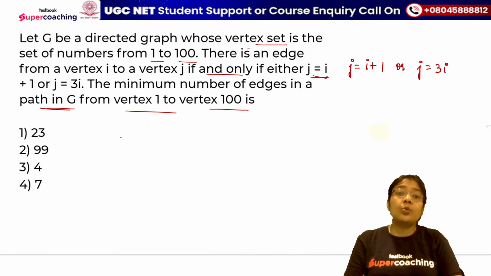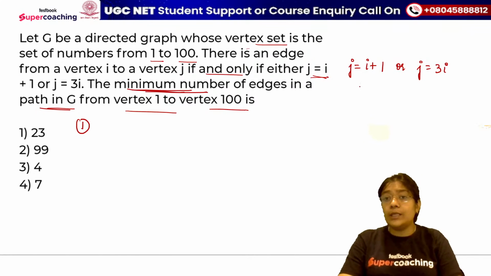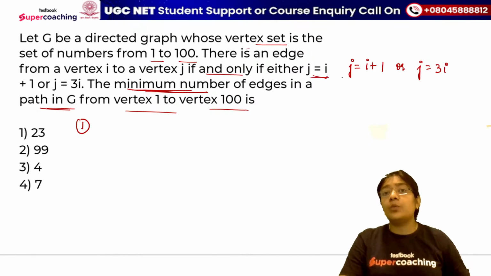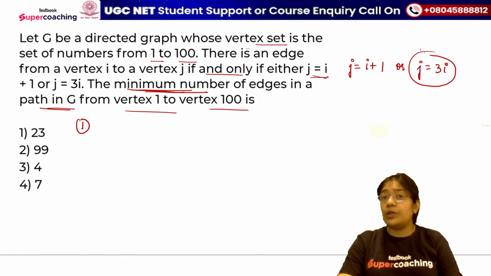अब दो तरीके, 1 to 100 जाके better answer मिलेगा या 100 to 1 में better मिलेगा. Let's see. 1 to 100 अगर आप जा रहे हो, we want the minimum number of edges. अगर हम linearly जाते हैं I plus 1, next one, next one, तो definitely will get more number of edges. तो minimum number of edges कौन सा function देगा? That is J is equal to 3I. Correct.